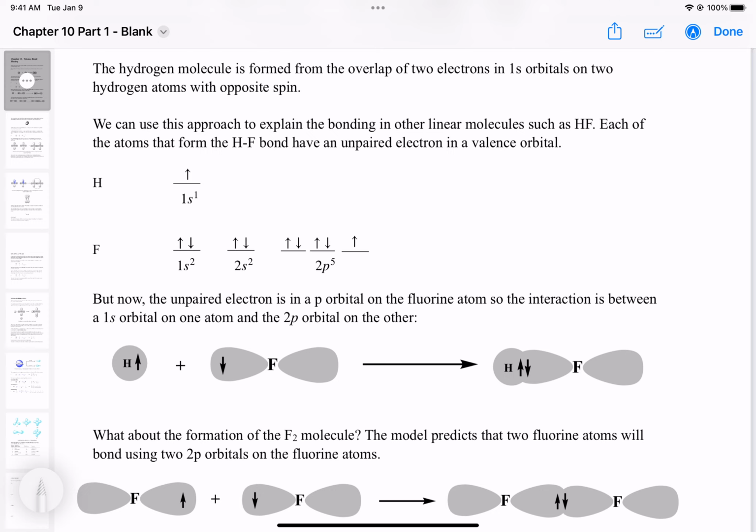The only difference is now the fluorine is going to use its 2p orbital. So we draw a 2p orbital for fluorine and the hydrogen orbital, and it's going to form this bond like so. And fluorine now will have a filled octet.